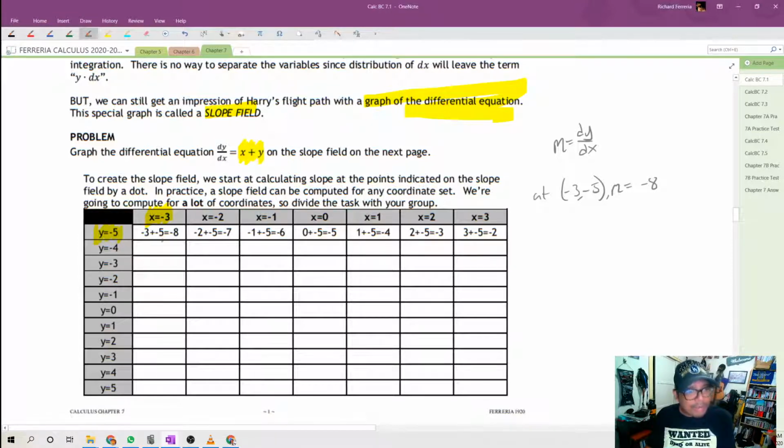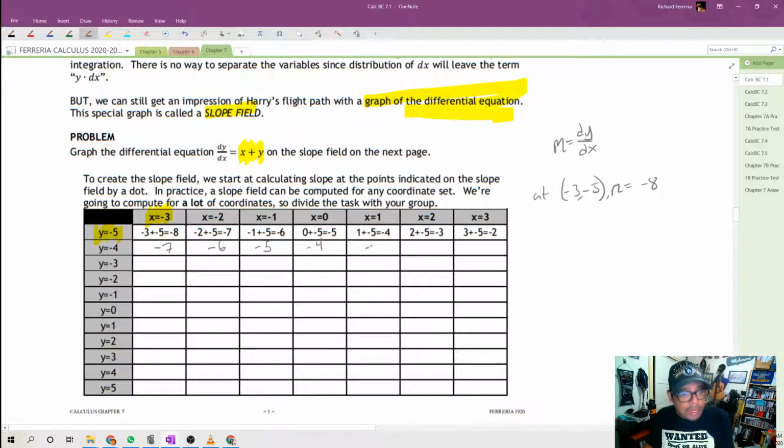It usually goes fastest if you keep one of these two variables constant. For example, here, I'm going to say on the -4 row, I just have to say -4 plus -3, that's -7. -4 plus -2, that's -6. -4 plus -1, that's -5.